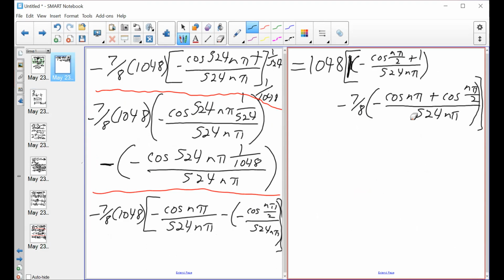All that now, let's do a final distribution just to make sure that we can see the whole picture, because I'm a holistic guy. Okay, so this will be 1048. I'm now just distributing 1048 times negative cosine n pi over 2 plus 1.